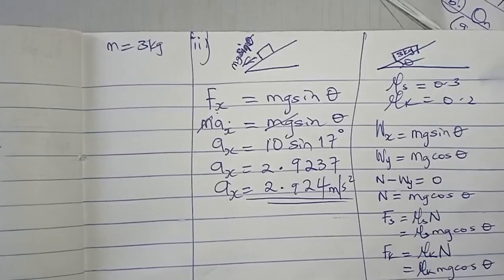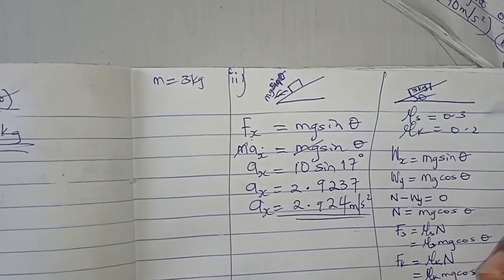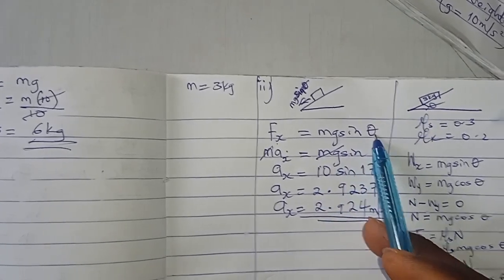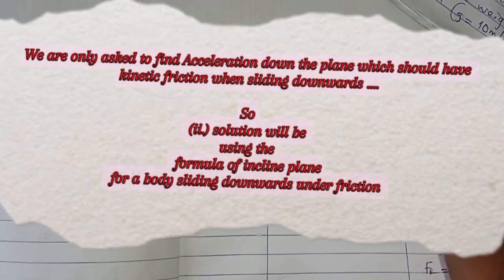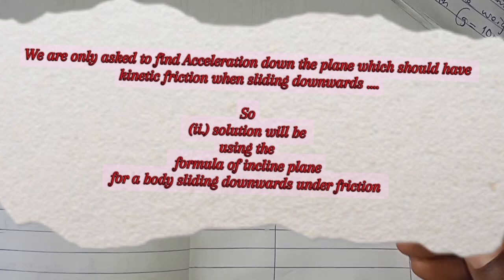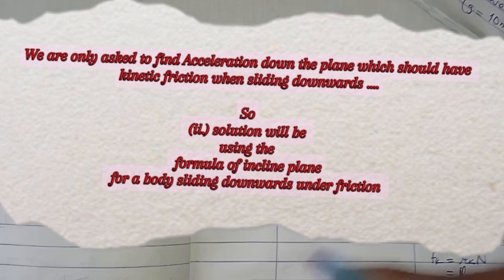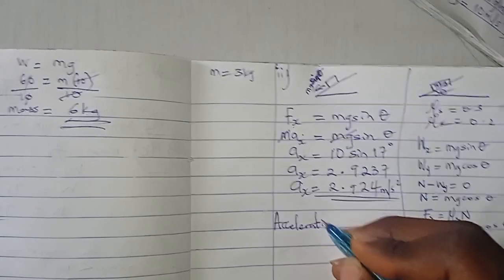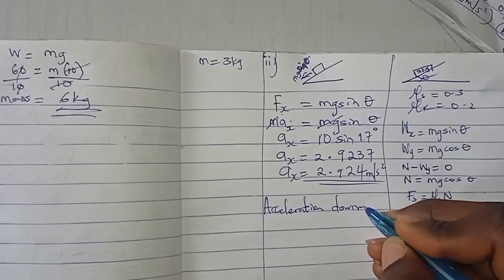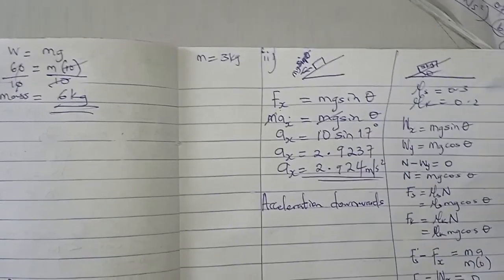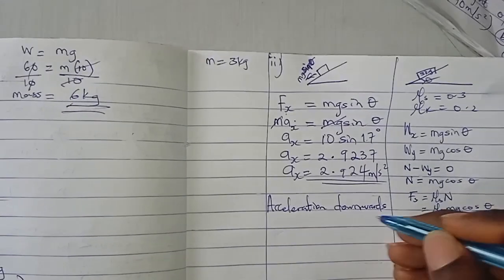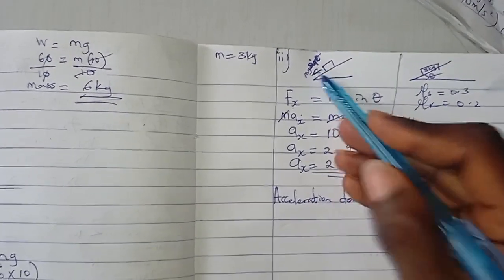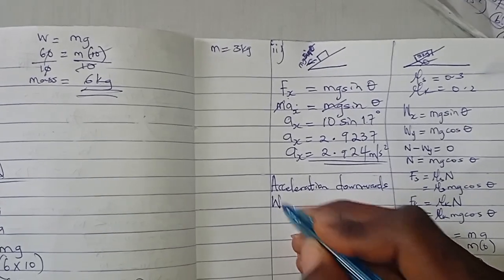If you observe very well, you see that the theta we used here is the theta at rest, which we got as 17 degrees. That's what we used. So now when it starts sliding downwards, there will be the presence of the weight on the x-axis.